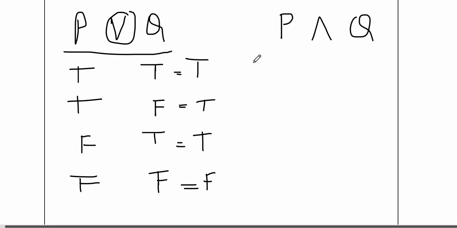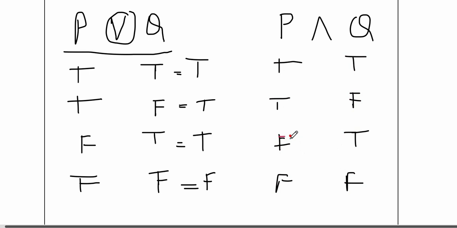But for P and Q, how it works is, let us write it down: true, true, true, false, false, true, and false, false. Just bear with my handwriting.